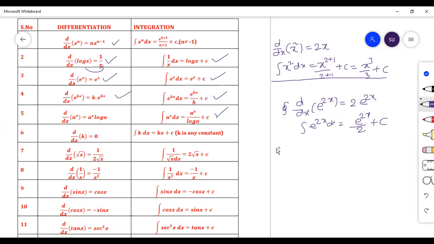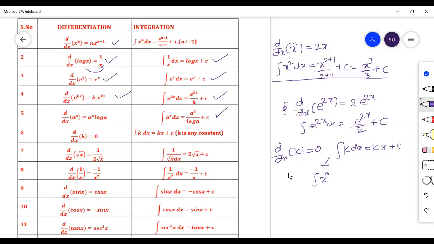Whereas d by dx of any constant term is 0. Suppose d by dx of 2 is 0, d by dx of 3 is 0. Then what about the integral of a constant dx? That is equal to kx. How? We will see now. Constant means, can I write it as something power 0?